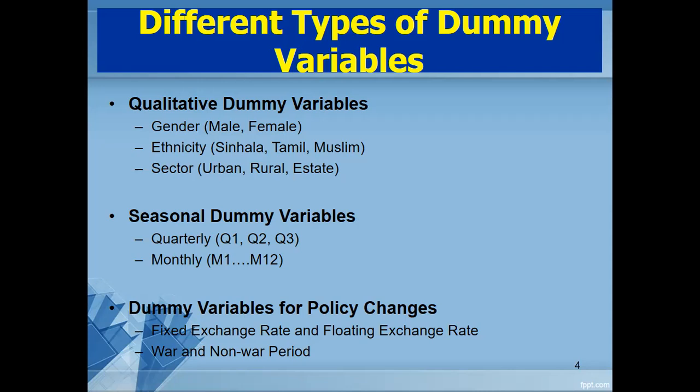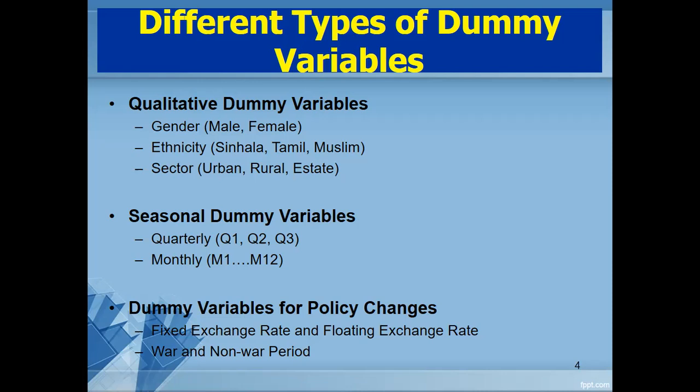In addition to that, more importantly, we can introduce dummies to capture policy changes. Because in an economy, we can introduce different kinds of policies. What I have taken here is that we can introduce a fixed exchange rate and a floating exchange rate.